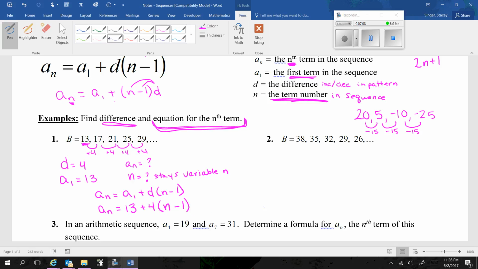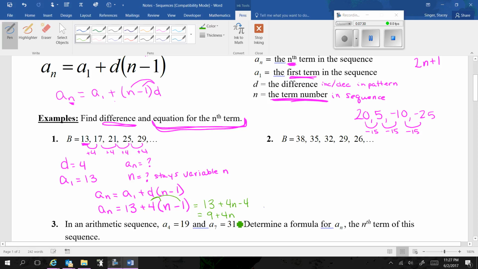I don't know which term number I want to talk about. So I'm just trying to figure out an equation I can use to figure out what my nth term would be. So that would equal, if I simplify the equation, 13 plus 4n minus 4, which simplifies further by combining like terms of 13 and negative 4 into 9 plus 4n. Or you can write it as 4n plus 9.